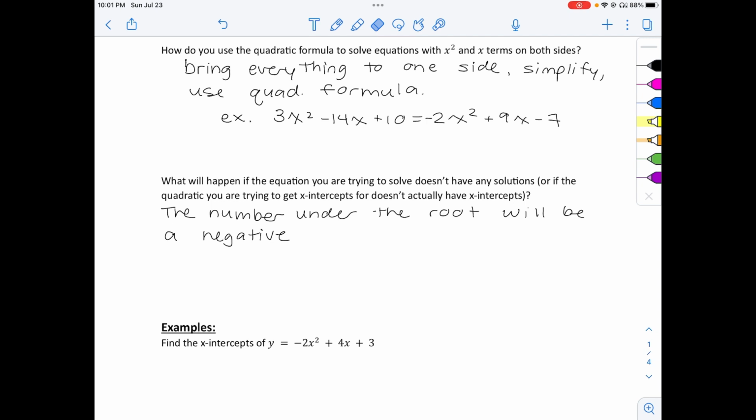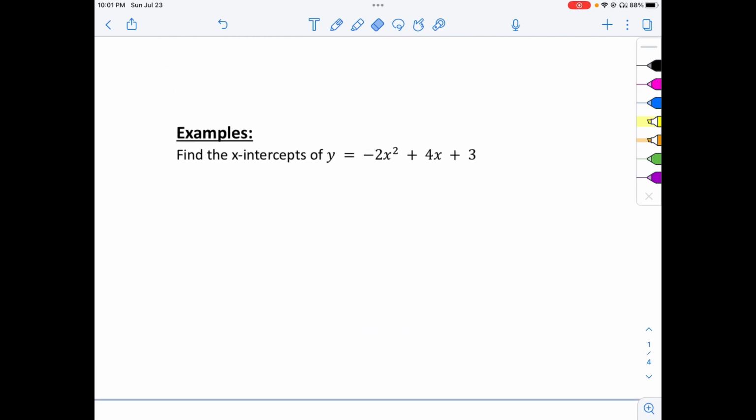Okay, so this first one here that we will look at, this is just a regular old quadratic formula question. We want to find the x-intercepts of this equation. So the first thing we would want to try to do is to look and see if we can factor. Okay, so this is a complex trinomial. We know that because the number here for our a value is not 1.